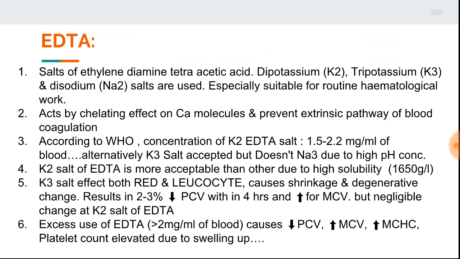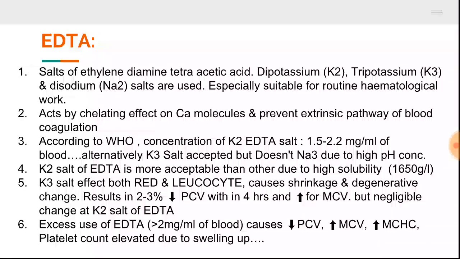First, EDTA, the salt of ethylene diamine tetraacetic acid. The dipotassium, tripotassium or disodium salts are used, especially suitable for routine hematological work. It acts by a chelating effect on calcium and prevents the extrinsic and intrinsic pathways of the blood coagulation process.